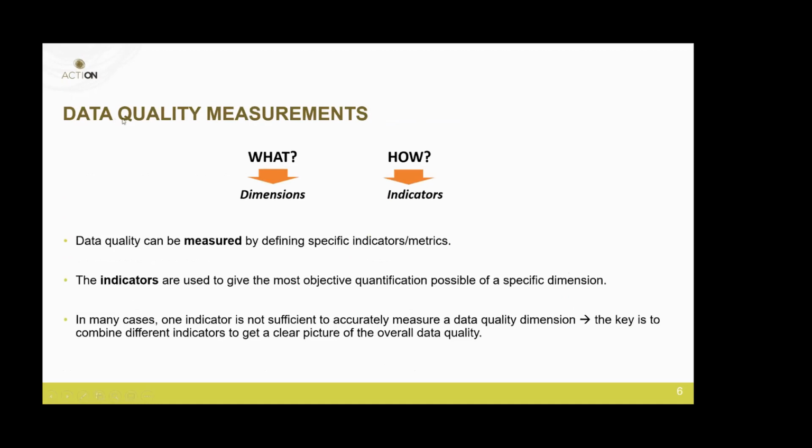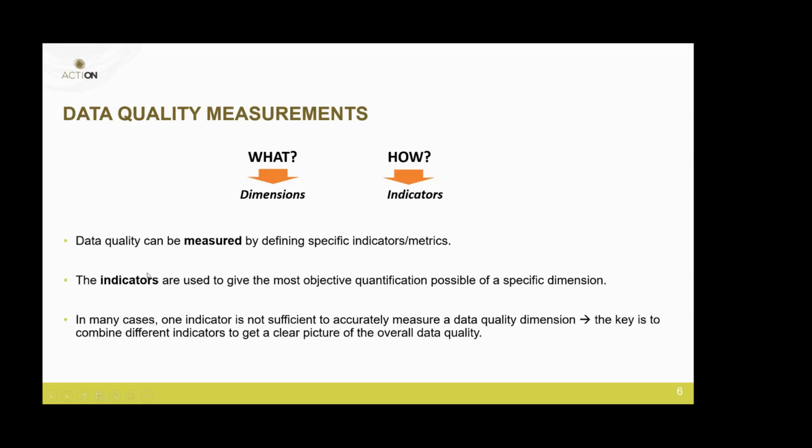When we have selected our dimensions, for example 5-6 dimensions that can be helpful for my pilot, for my project, then I need to measure these dimensions. How can I do it? I want to measure dimensions, and I will use indicators. The indicators are helpful to give us the most objective quantification possible of a specific dimension.